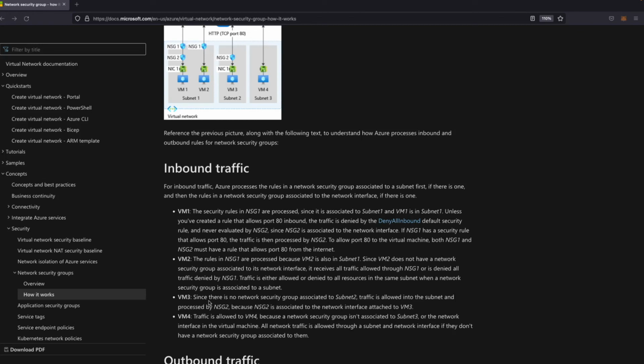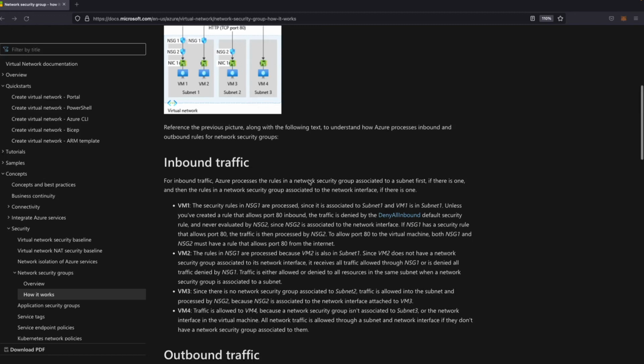For VM3, since there is an NSG2 associated with it, it will obey the rules in it. There is no NSG at the subnet level, so no rules are processed before the rules in NSG2. And for VM4, traffic is allowed since there is no NSG at the subnet level or at the VM level.